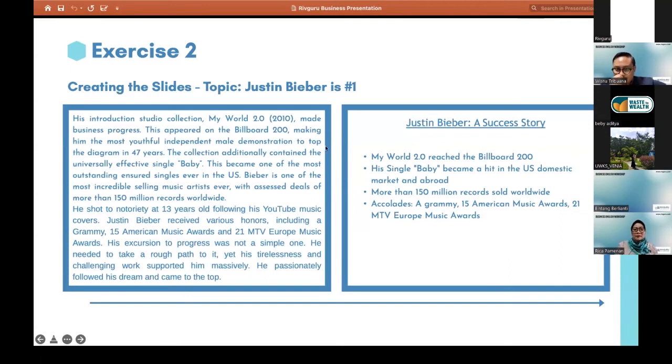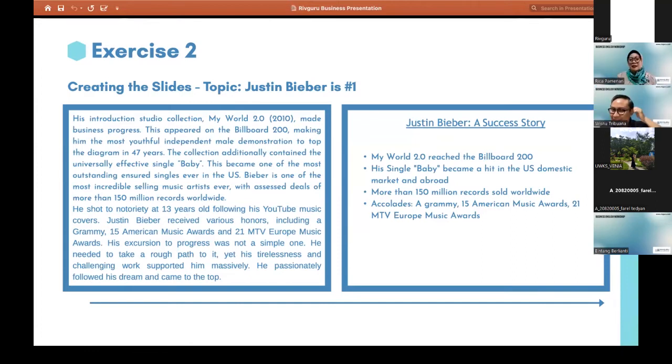You can write in the chat or you can raise your hand. Okay, number 2. Bu Rica, kira-kira kenapa Bu nomor 2? Mungkin bisa dijelaskan Bu. Kalau nomor 1 teksnya banyak Pak, capek bacanya sudah. Akhirnya yang hanya baca poin-poinnya saja begitu.